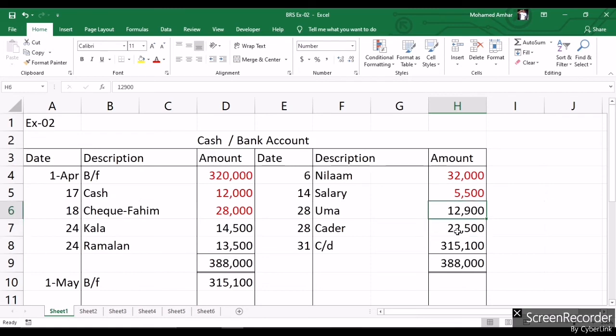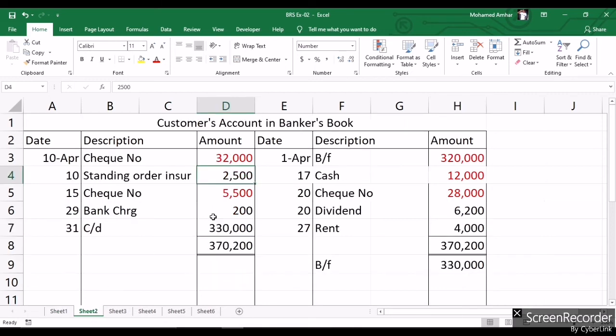Although these two checks were not presented still, the business need not correct, because the business on the 28th issued the check, so the business credited, so this action is correct. But it is not debited by the bank.